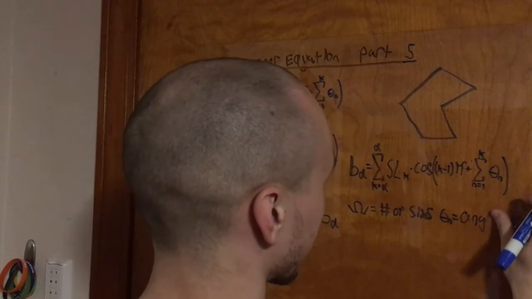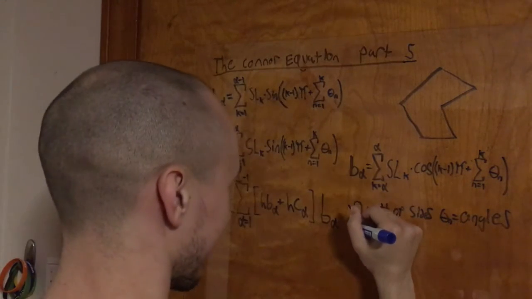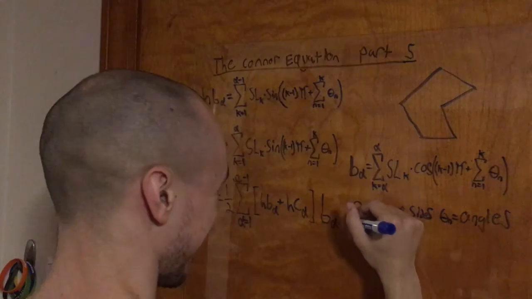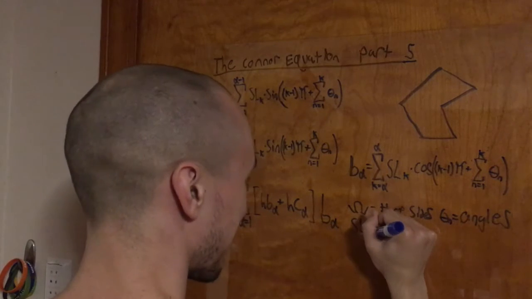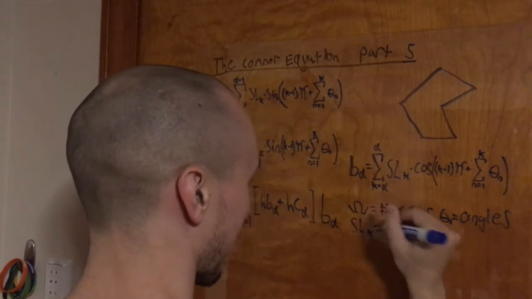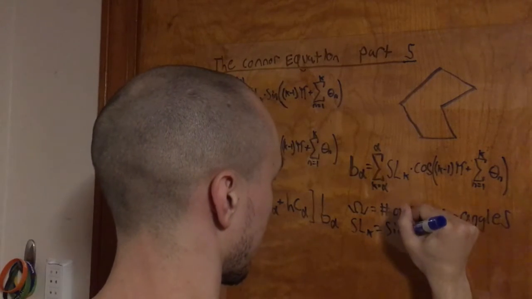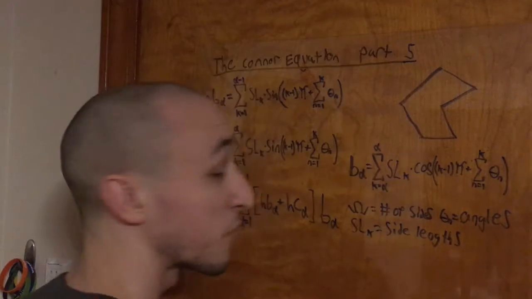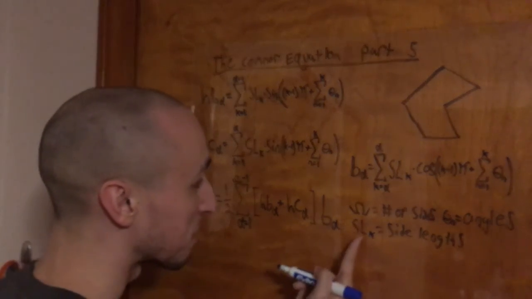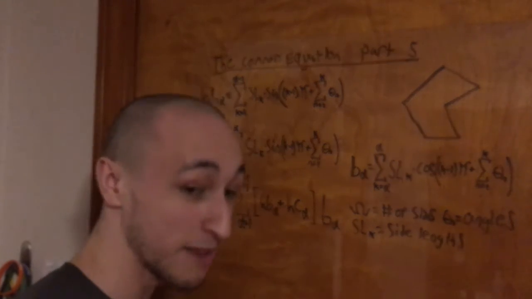SLK is the side lengths. SL, side lengths. I am that simple.